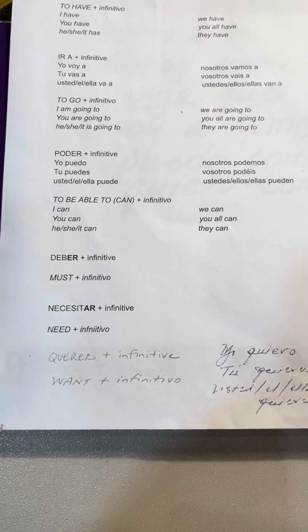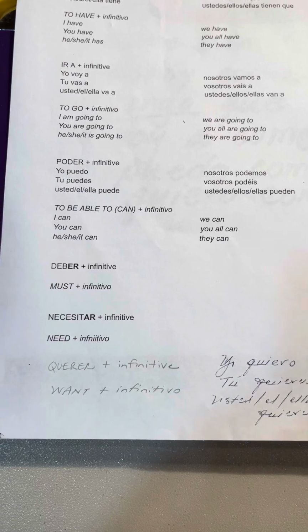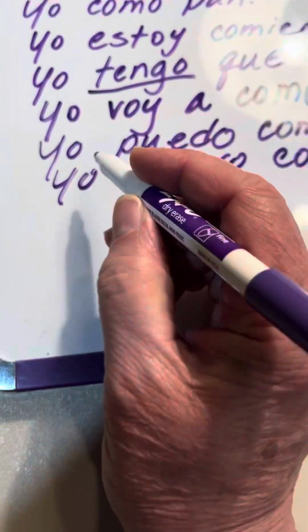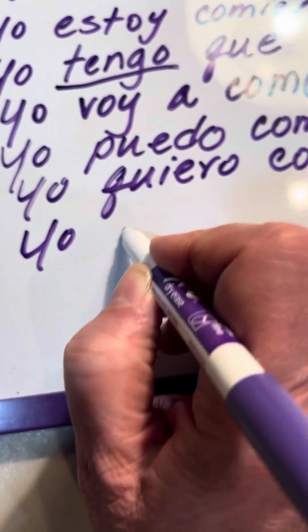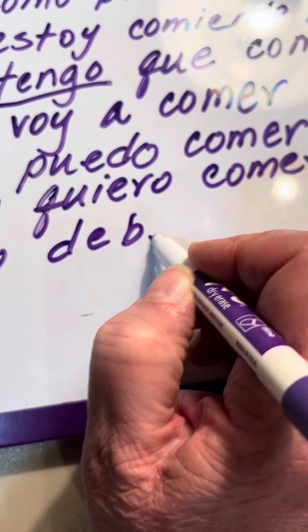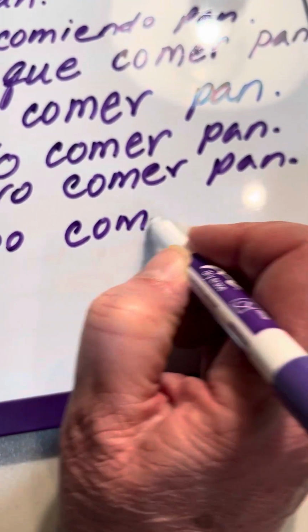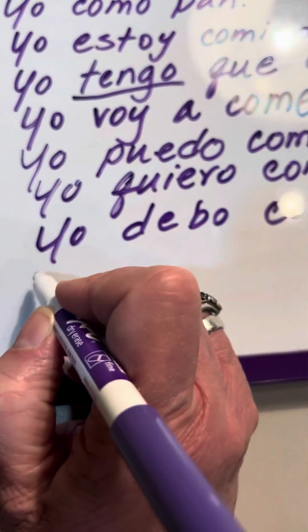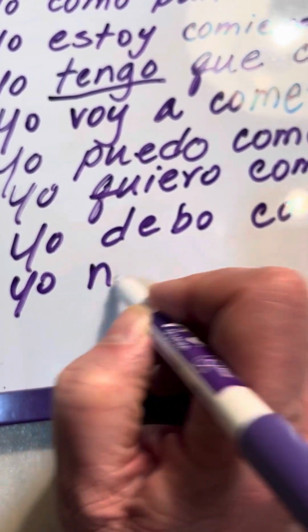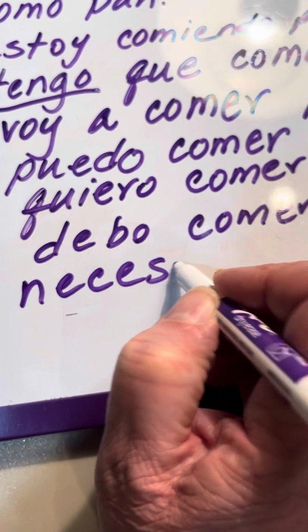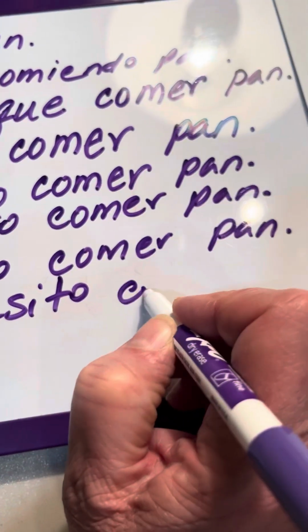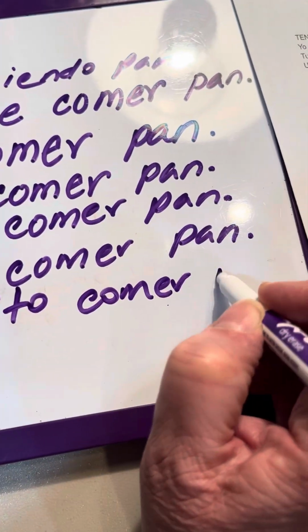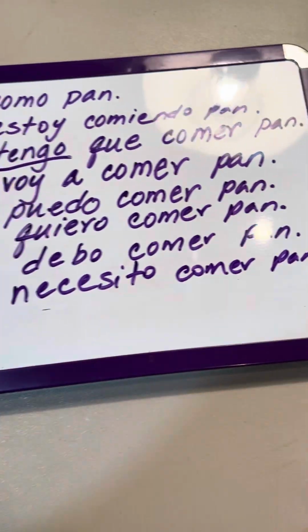It's not just I have to, it's I must do something. So if we put yo debo comer pan, that's something that you must do. And yo necesito, there's our conjugation of necesitar. I need to eat bread.